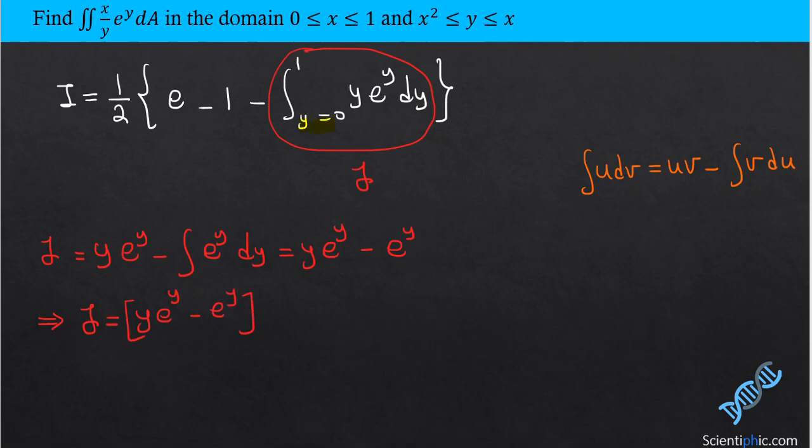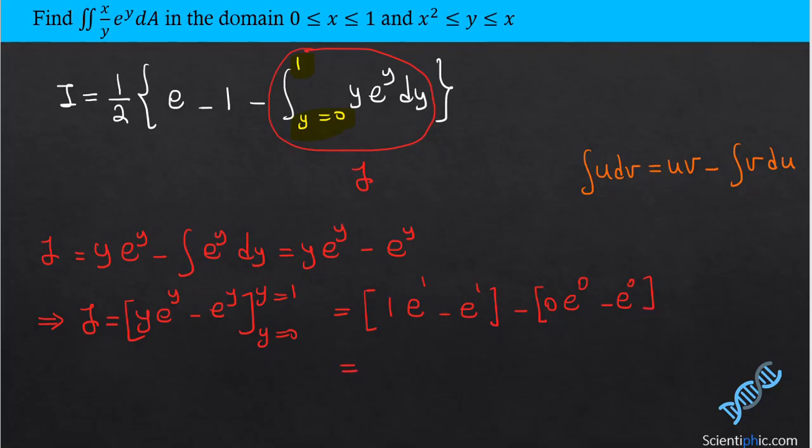Looking at these values, y is equal to 0 to 1. I'm gonna substitute them here. So y from 0 to y is equal to 1. That is gonna be 1 e to the power of 1 minus e to the power of 1 minus 0 e to the power of 0 minus e to the power of 0.